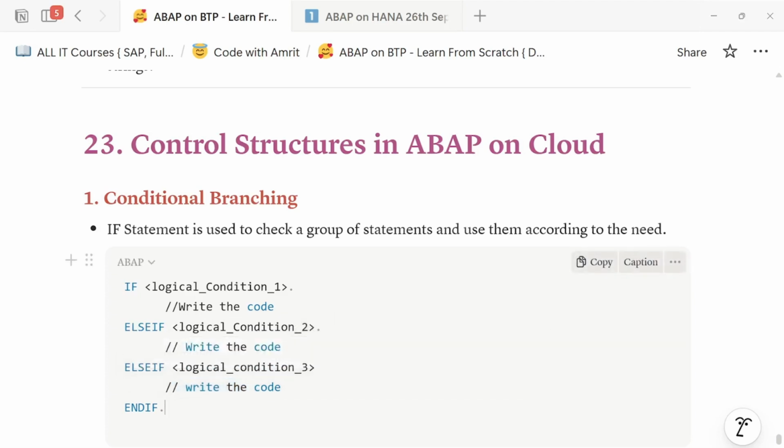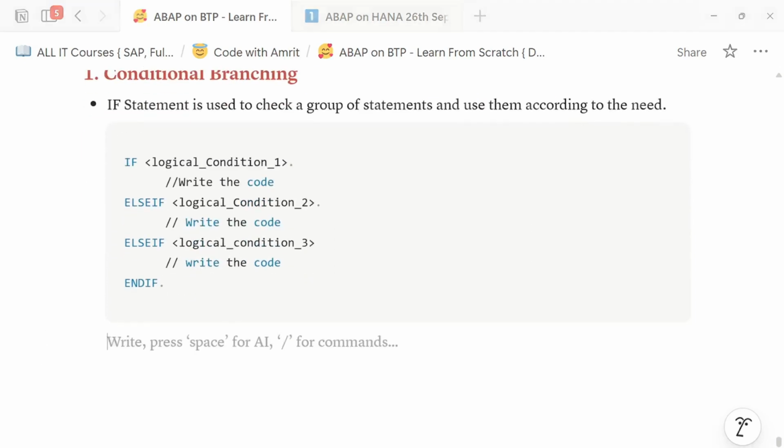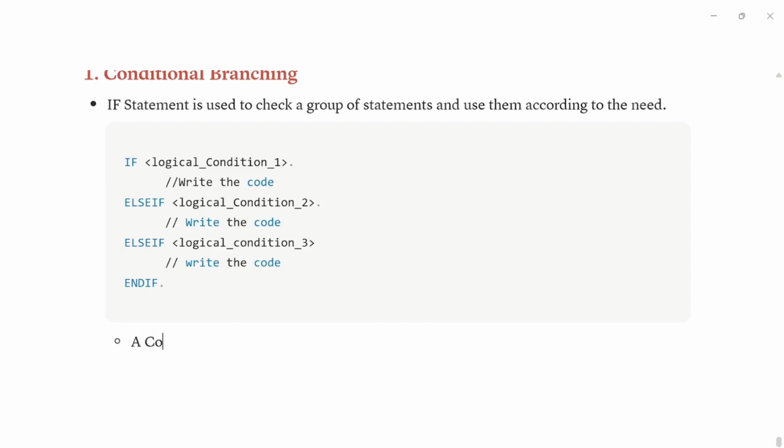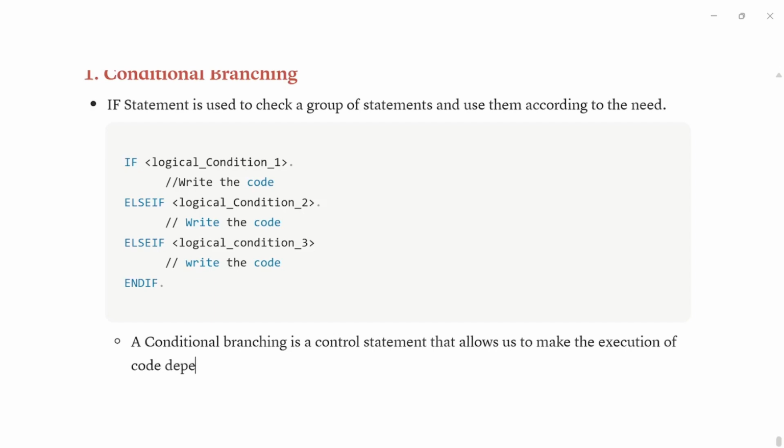So conditional branching is a control statement that allows us to make the execution of code dependent on logical conditions.